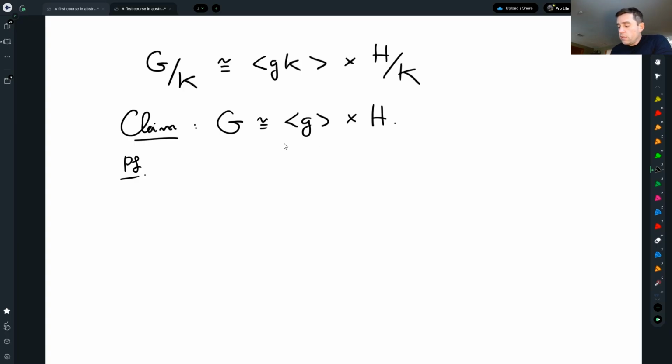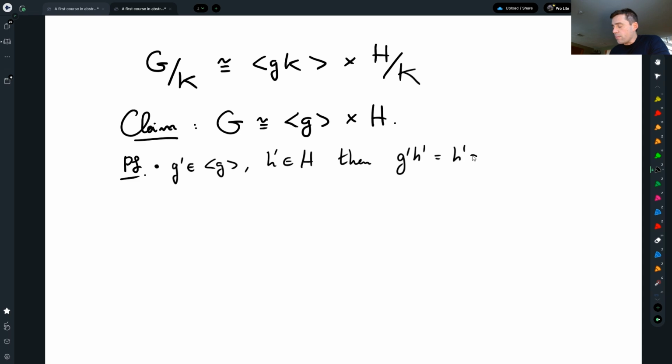First of all, I need that the elements of one group and the other commute. So if I have some g prime in the subgroup generated by g and some h prime in H, then g prime h prime has to commute with h prime g prime. And that is true, yes, because G is abelian. So there is nothing really to check here because G is abelian, so that's always going to happen.